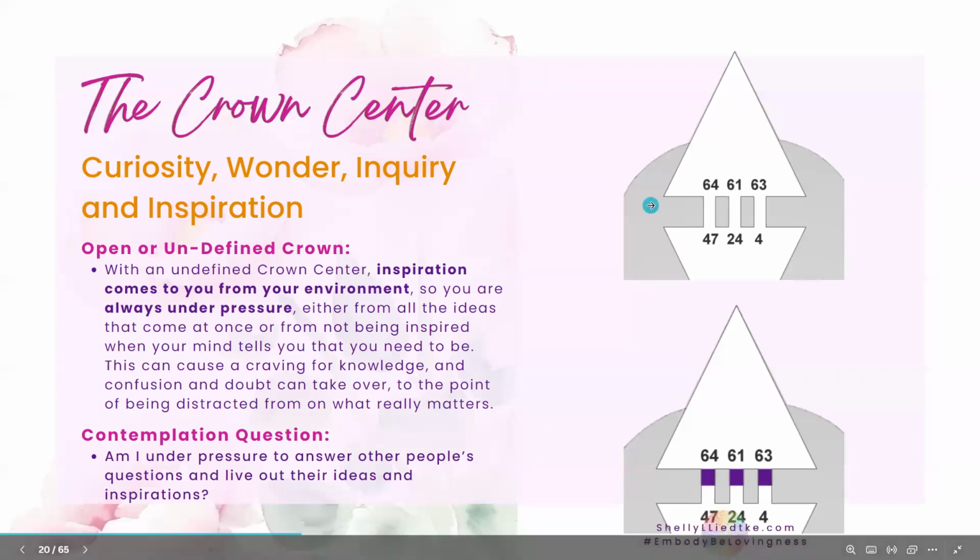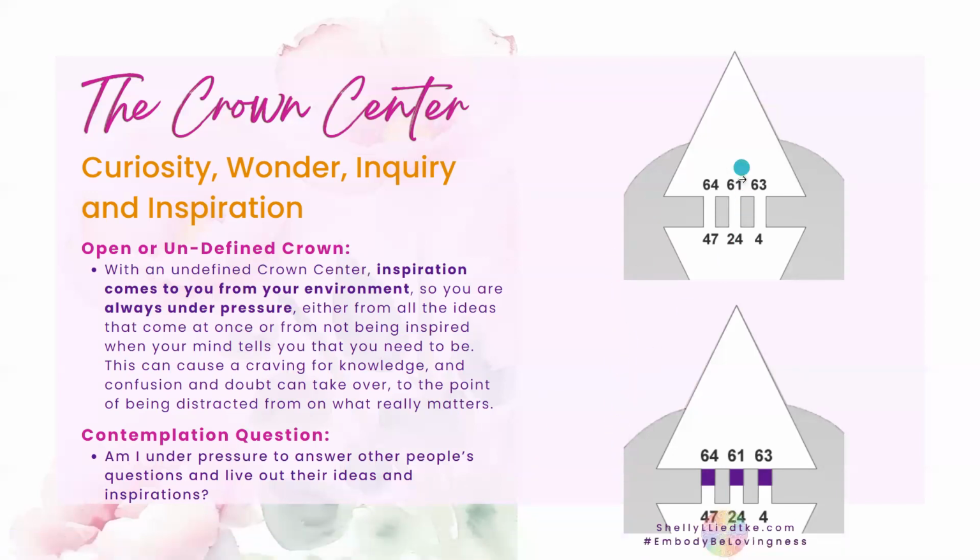So there's two ways, like I mentioned a moment ago, that the center can show itself. And here are the two versions where it could show up, as it's colored in white. Oh, I hope I didn't mess up.